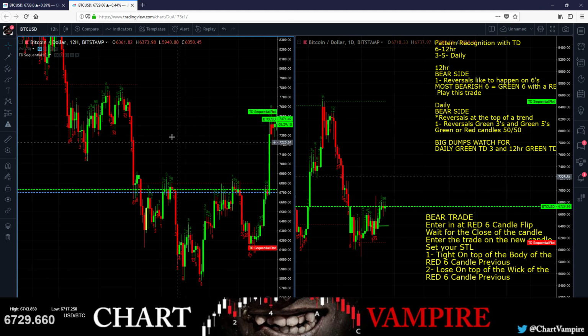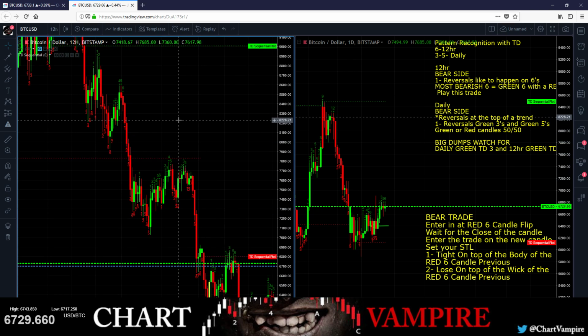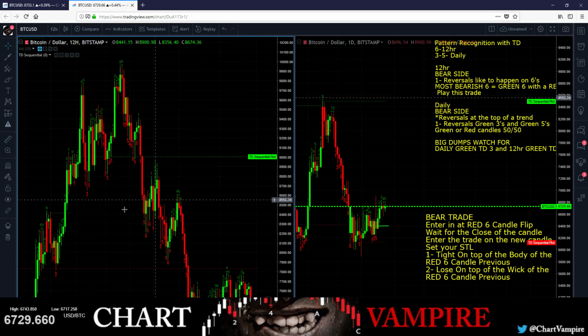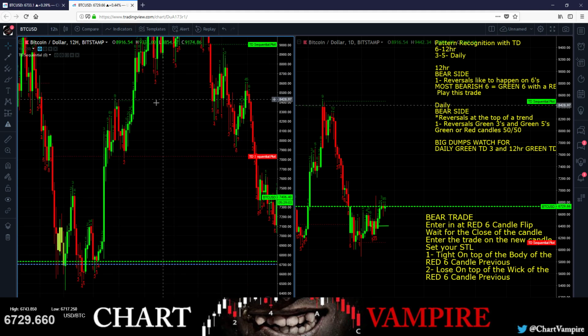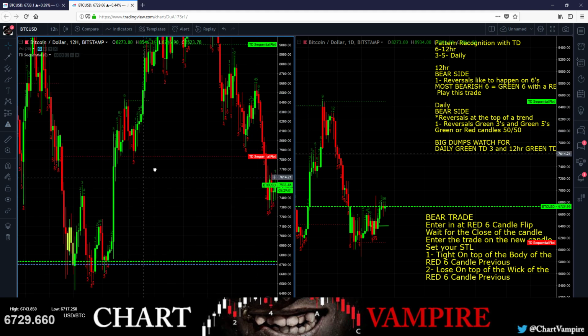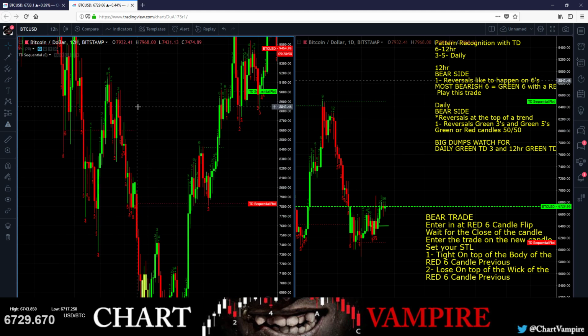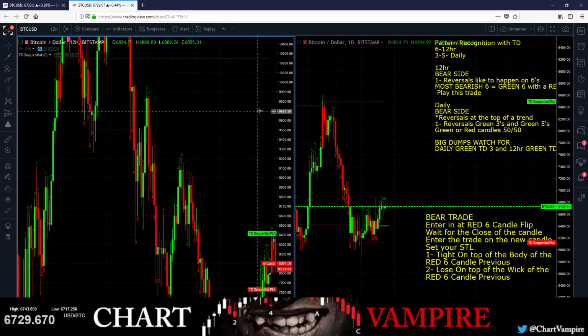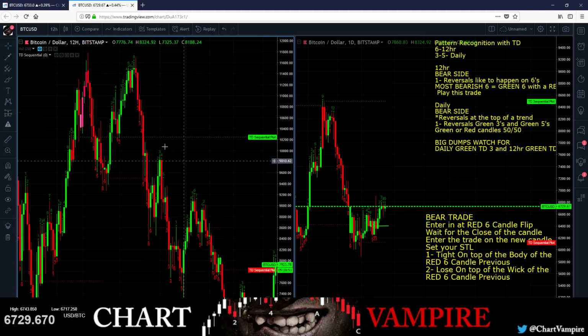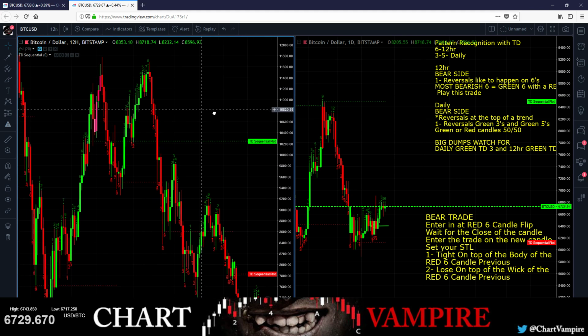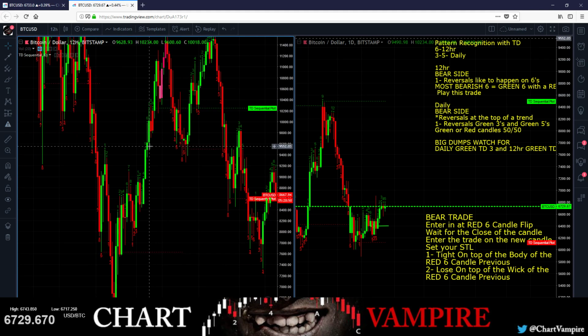And let's go back and see if we can find another green 6 with a green candle. Green 6, red candle. Green 6, red candle. Man, this thing just does not like to play green 6 green candles. Green 6, red candle. Green 6, green candle, continuation.